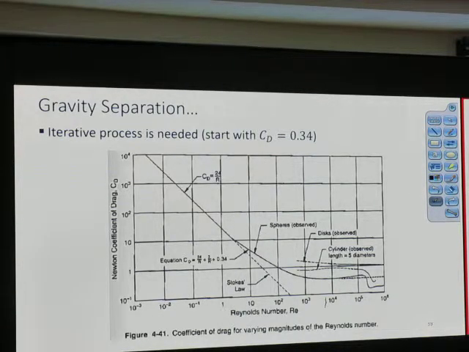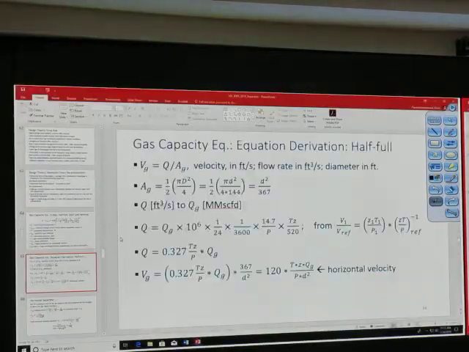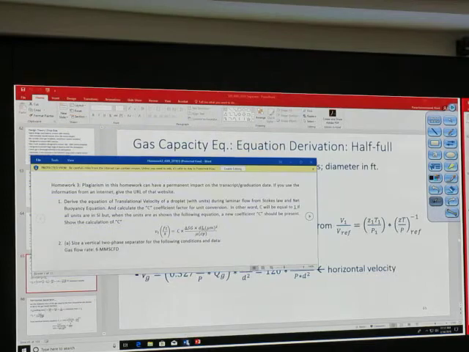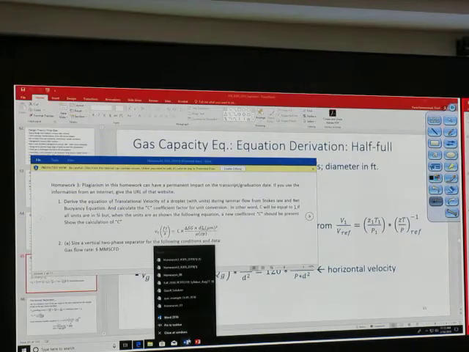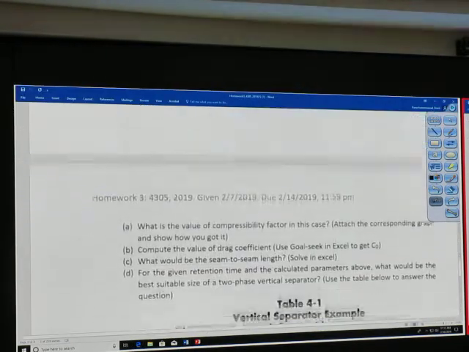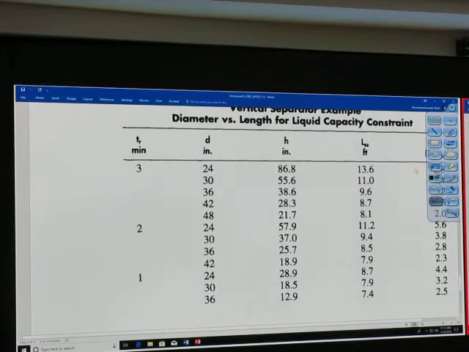No, the table, 4-1. This is the chart for C sub D versus Reynolds number. If we have the right Reynolds number, the value that we get should be similar to this. So Martin, what chart are you talking about? The table. Table 4-1. Is it the table in the homework? Okay, what do we do with this table in the homework?